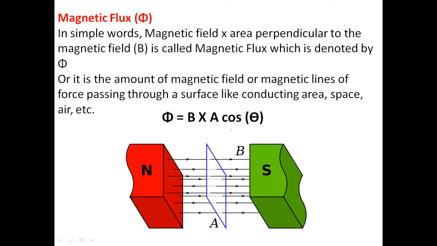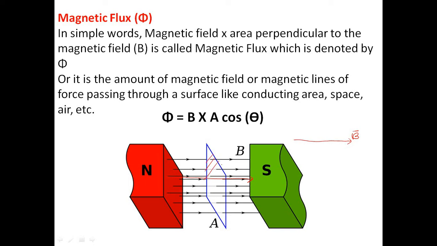So we can see here we have the magnetic field which is oriented from N toward S. Here I can draw the direction of the magnetic field, which is denoted by B. It is a vector quantity, so a bar must be there, and it has this area.